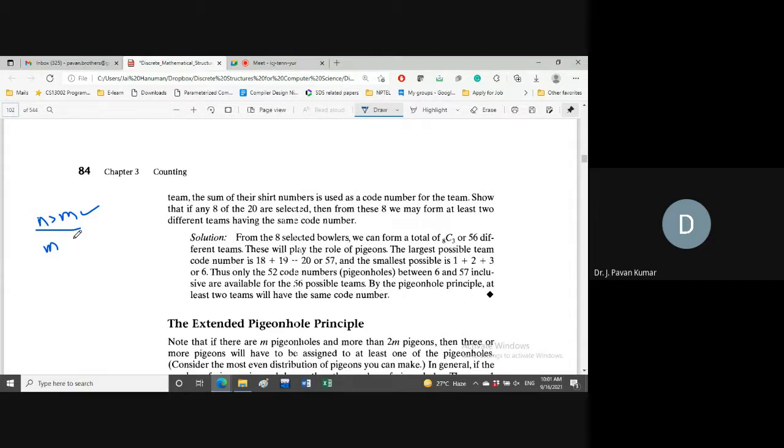Although it is true, that is not very useful. Yes or no? Try to understand the point. Shall I repeat?